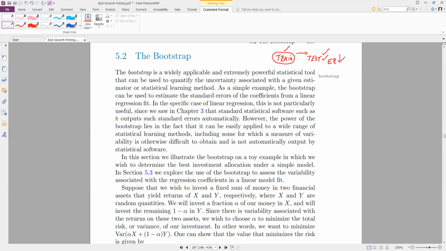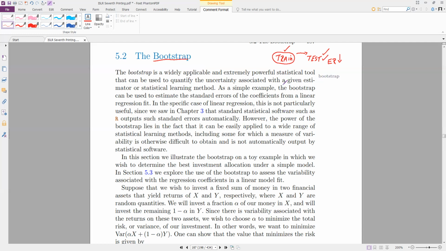Now, what we're going to talk about right now is also in this chapter, but it's a little bit different than the techniques we have been talking about. This is called the bootstrap. The bootstrap technique is mostly used when you want to estimate the variability of a parameter, okay?